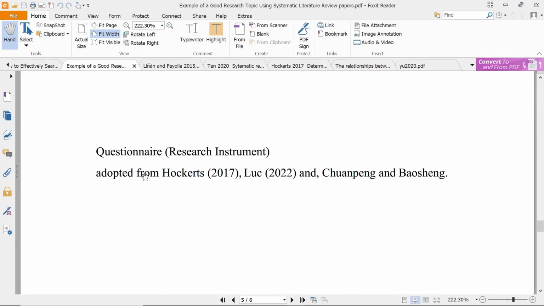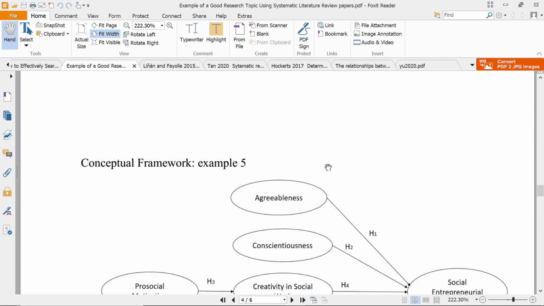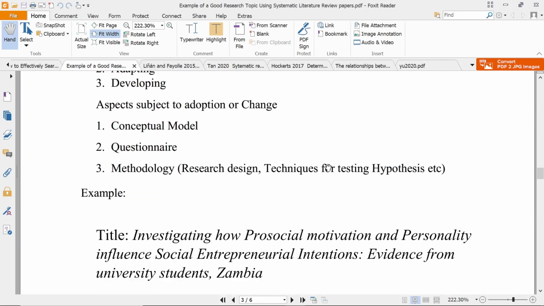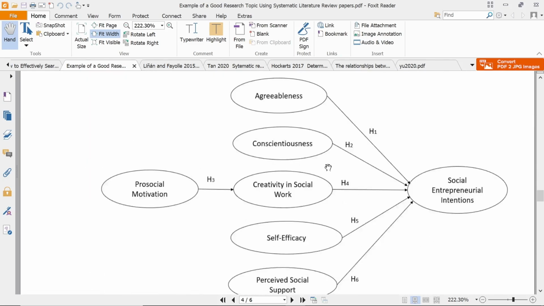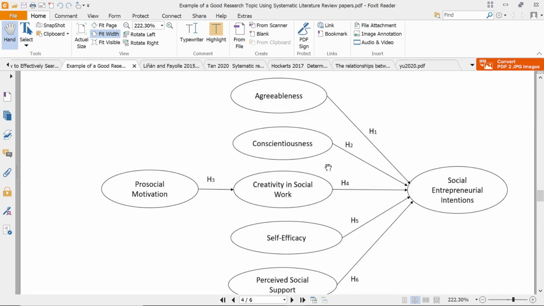So in this I adopted all the questionnaire items. So what are the motivations of this research? This research is meant to investigate what influences social entrepreneurship intentions.